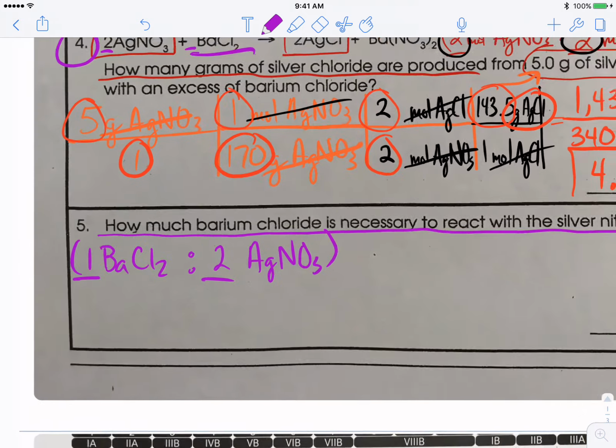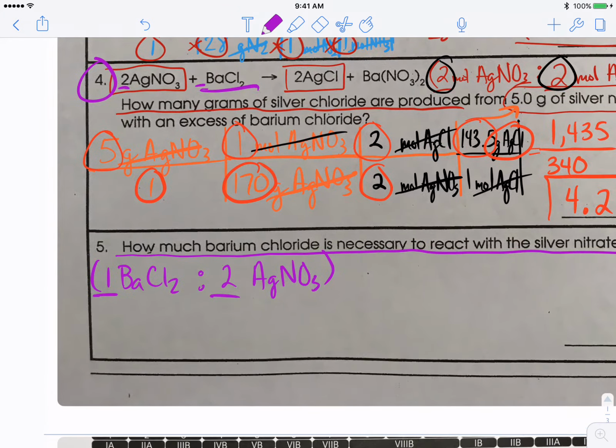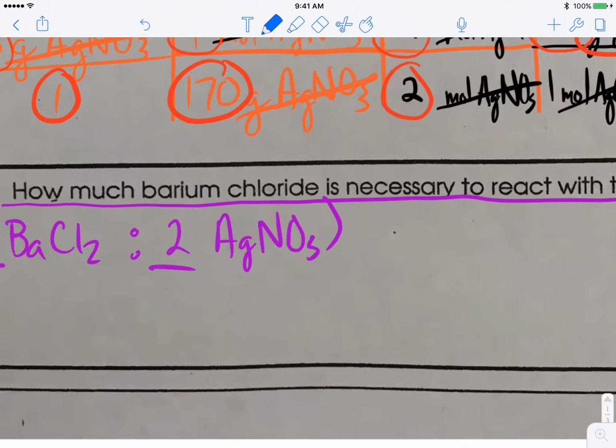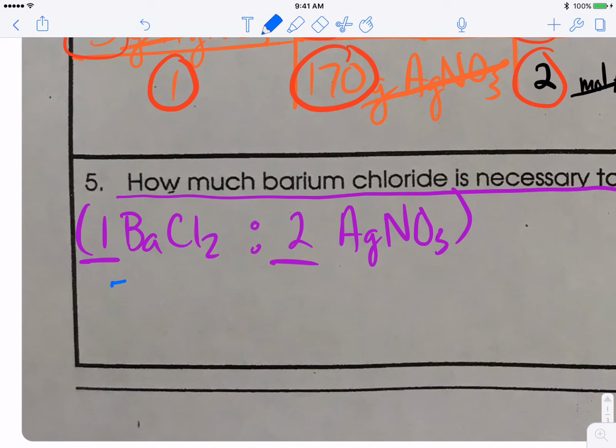Alright, so we're going to start with the same starting point we did in number 4 because we were given 5 grams of silver nitrate. So, starting off right here, I'm going to zoom in. We have 5 grams of silver nitrate over 1.